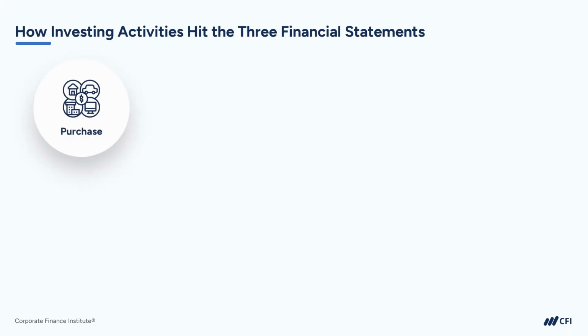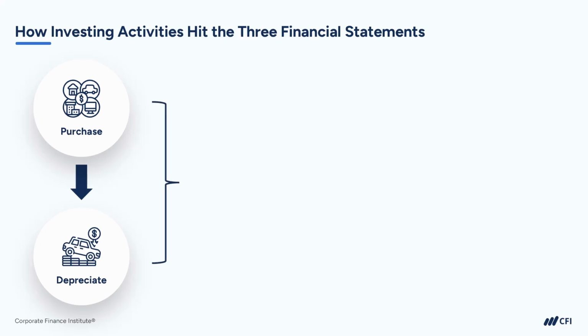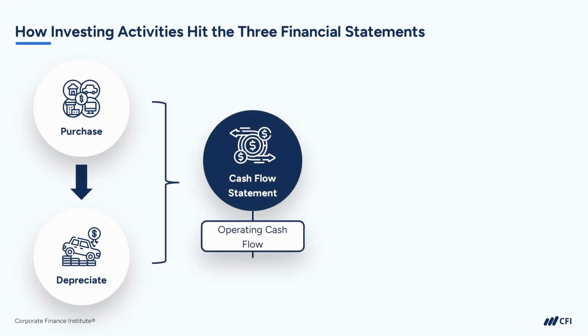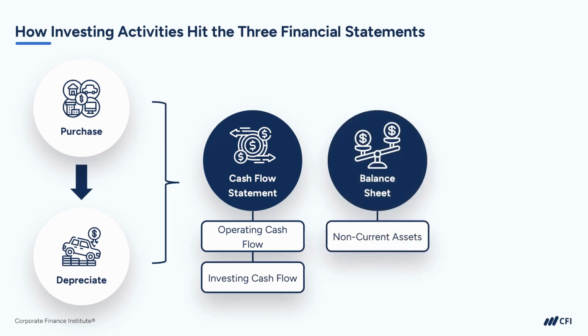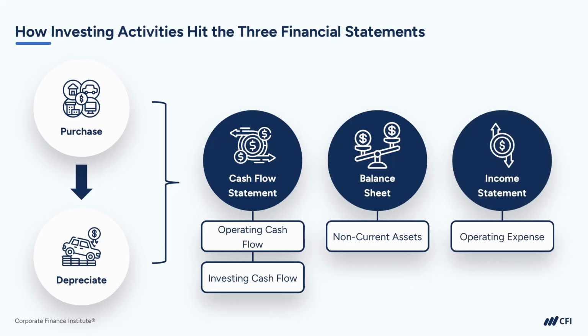But recall that once we have those assets, they're put on the balance sheet, and then we depreciate those assets over their useful lives. So we have a cash flow impact from buying the property, plant, and equipment, a balance sheet impact in terms of property, plant, and equipment as a non current asset. And on the income statement, we're going to see an expense related to depreciation.